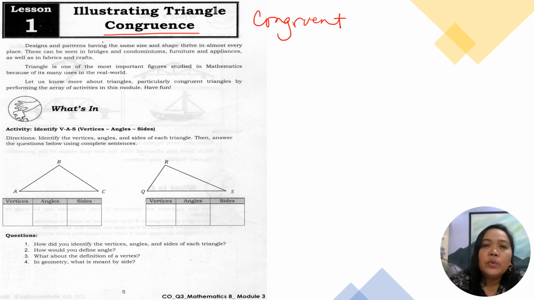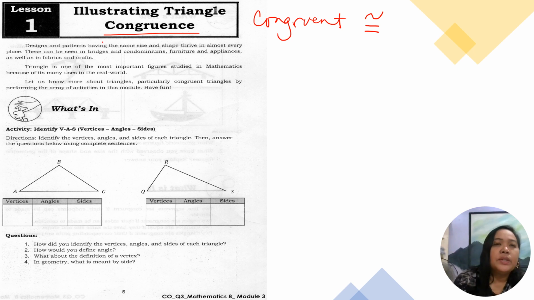And what does congruent mean? Congruent means it must be equal. The shape of an object must be equal, and also the size. In length, the size must be the same.